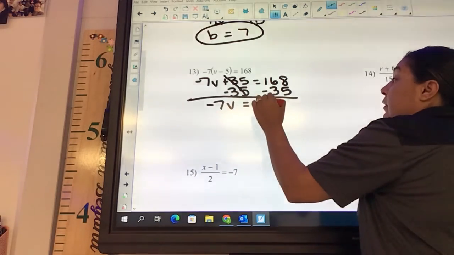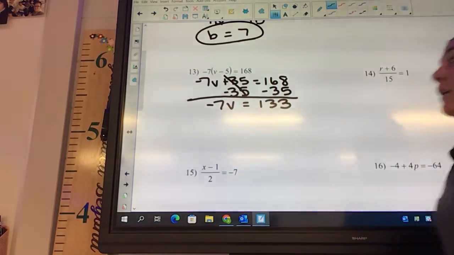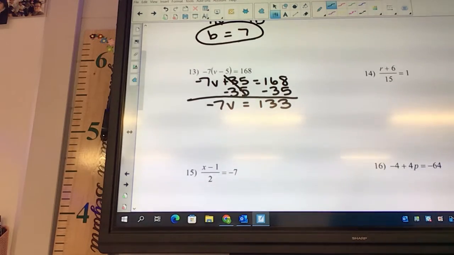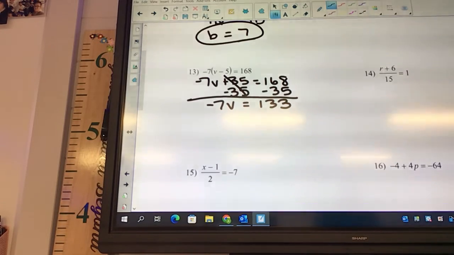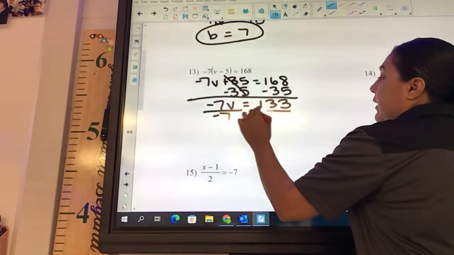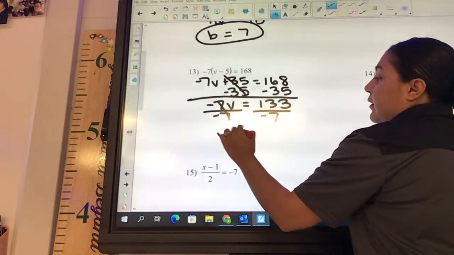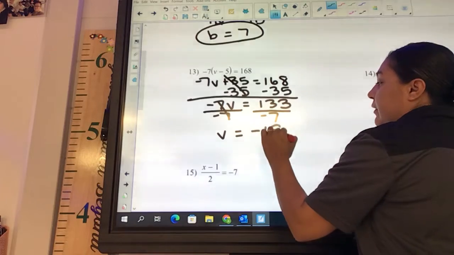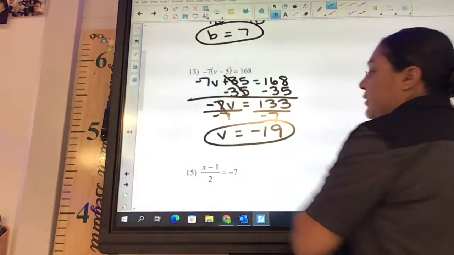Somebody agree? Yep. Okay. Negative 7v equals 133. What needs done? Divide by negative 7. I didn't hear you. Negative 19. Somebody agree? Yeah. Cool beans.